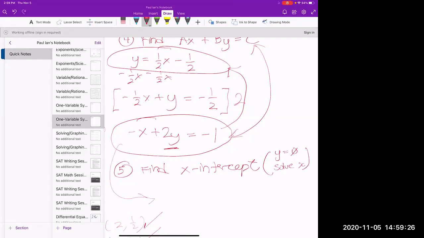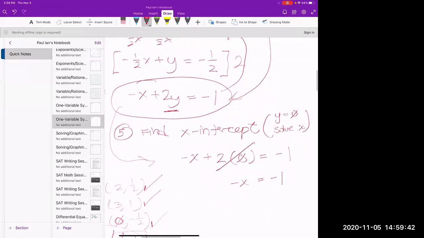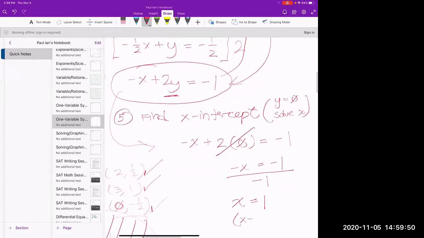Minus x plus 2 times 0 equals negative 1. So this cancels out, and you have minus x equals negative 1. So what is x? x is 1, right? Yeah. This is your x-intercept. Don't forget, this is not really the main x, but just your x-intercept.